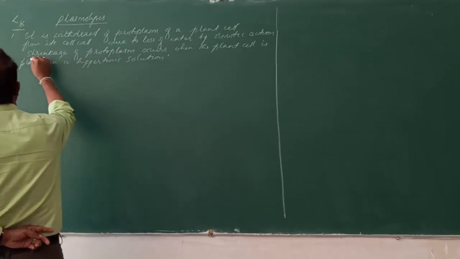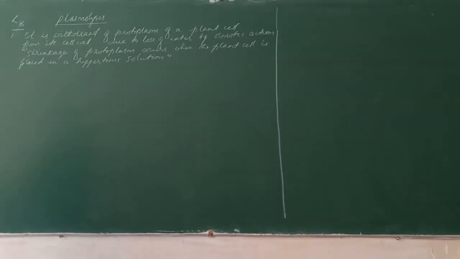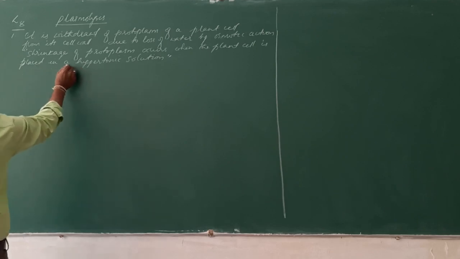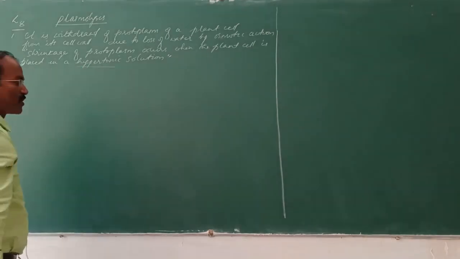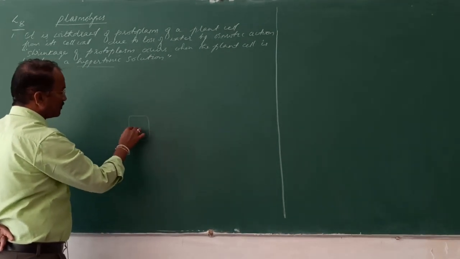This is another definition. So the shrinkage of the protoplasm occurs when the plant cell is placed in hypertonic solution. When the cells are placed in a hypertonic solution, think that it is the cell.